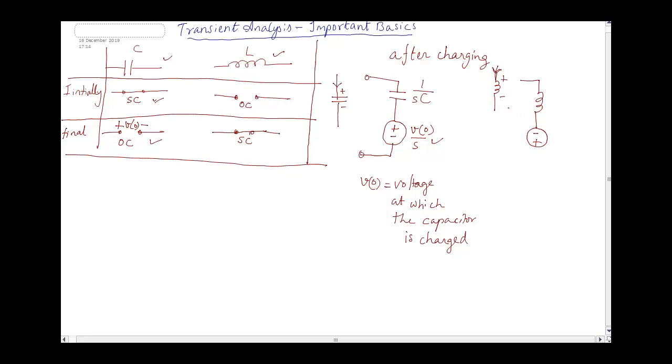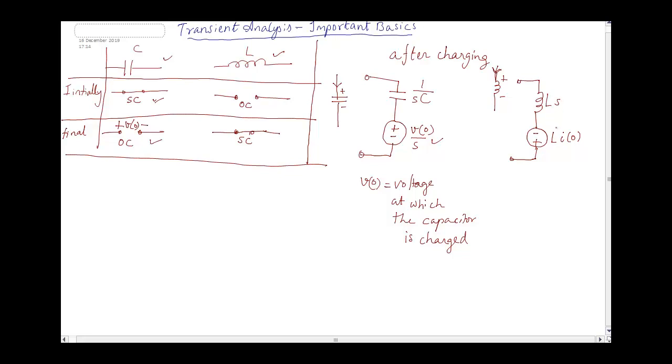No, the opposite of that is the polarity here. Why? Because the inductor opposes the current. So after charging, the inductor looks like this, where the value of this voltage is given by the inductance L multiplied with the current I0, and the inductor here is represented as Ls or SL.